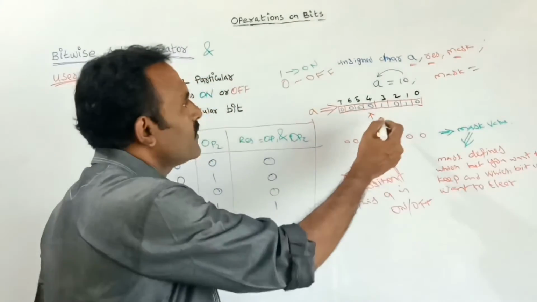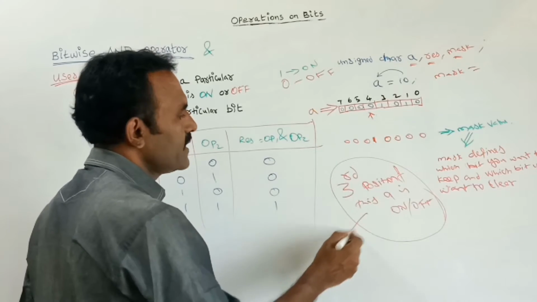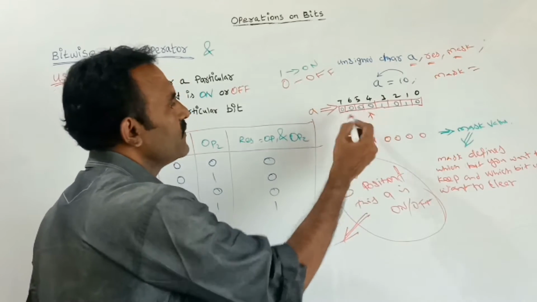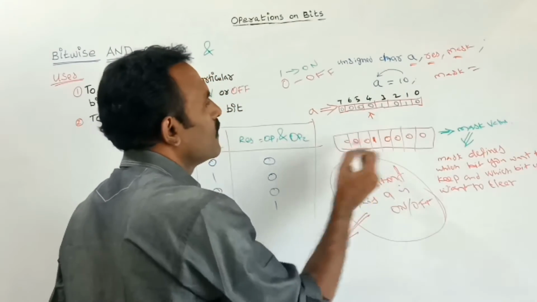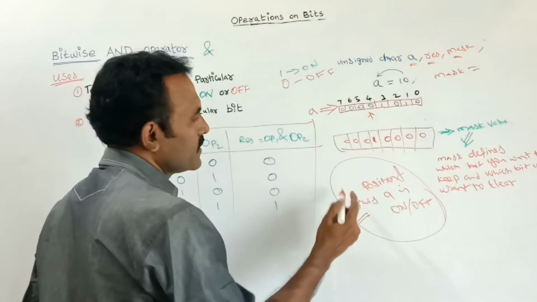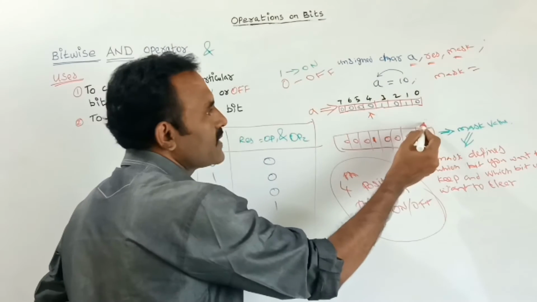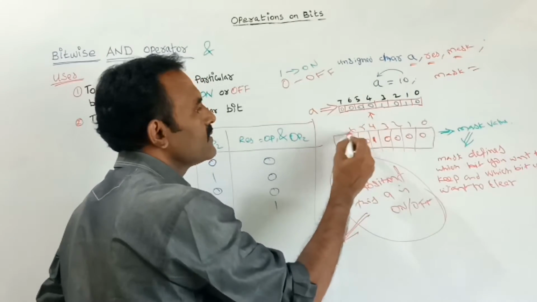See here, I want to find the fourth position. For finding this fourth position, I should use this mask value. This is the bit position: 0, 1, 2, 3, 4, 5, 6 and 7.